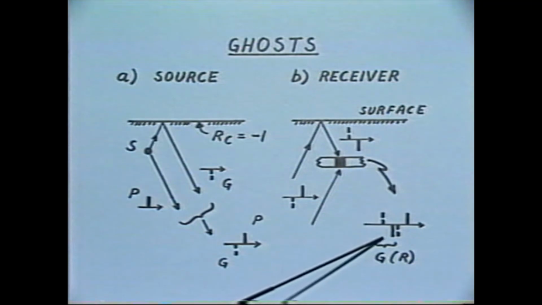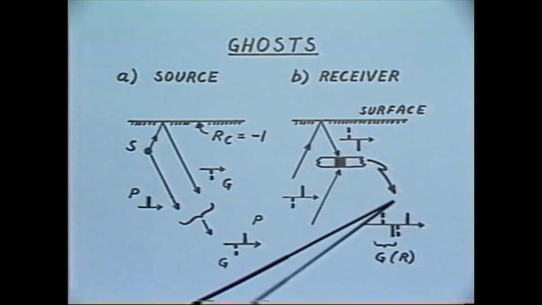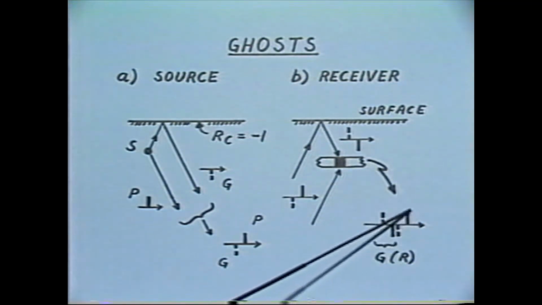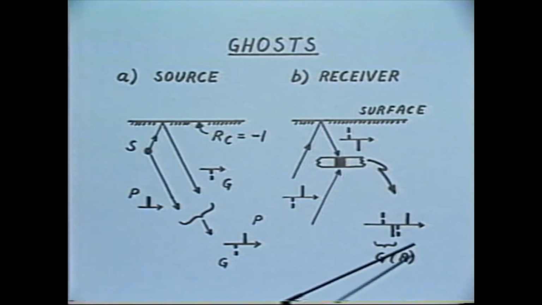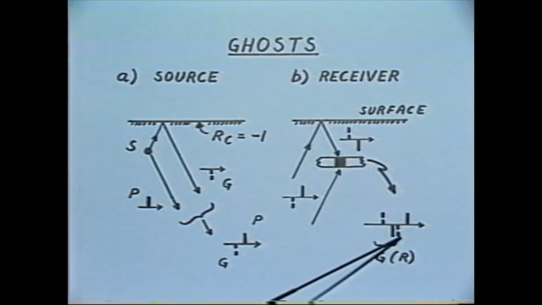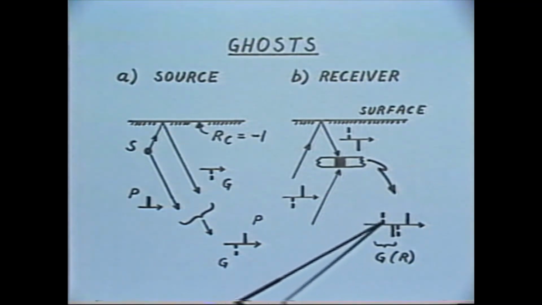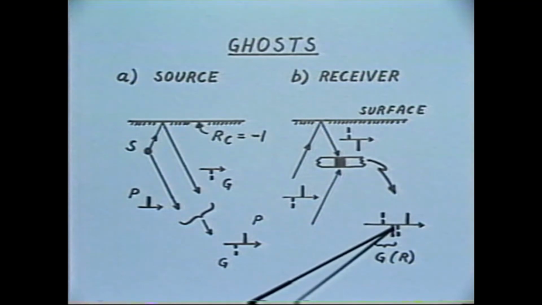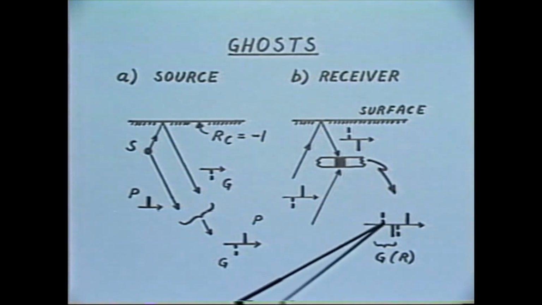So the type of reflection impulse that would be recorded would actually be a combination of 4 pulses such as this. The direct one, followed by the ghost from the source end of the travel path, and then followed by the 2 impulses which are due to ghosting at the receiver end of the travel path. Those would be reversed in polarity compared to the first pair.